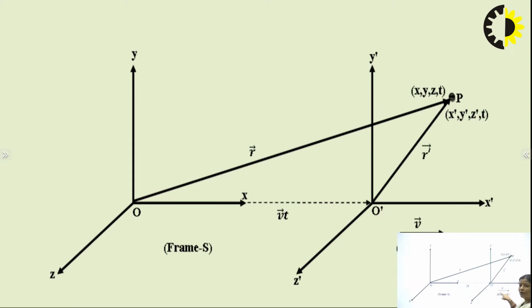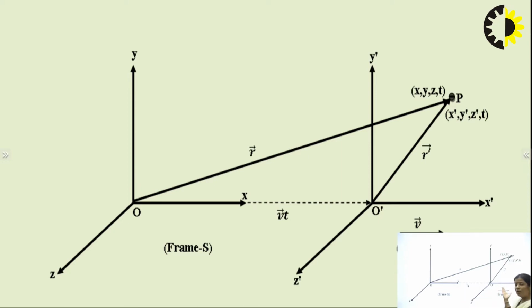I hope you are able to understand that the velocity v is constant. The direction itself is showing that the frame is moving in positive x direction. If you look at the direction, you are familiar. And we must keep in mind that the velocity has to be constant because we need inertial frames.